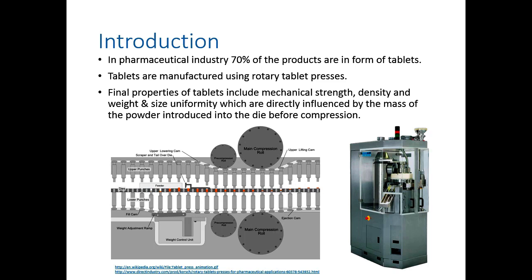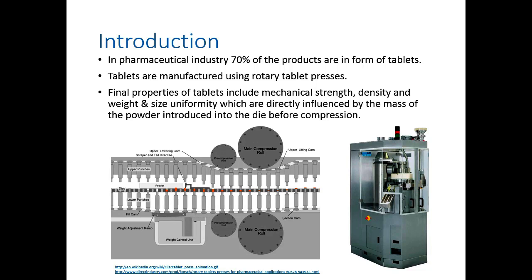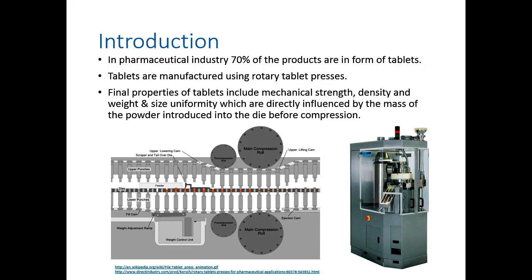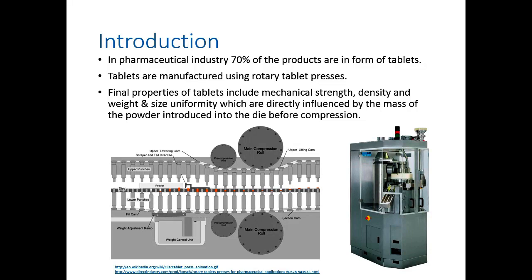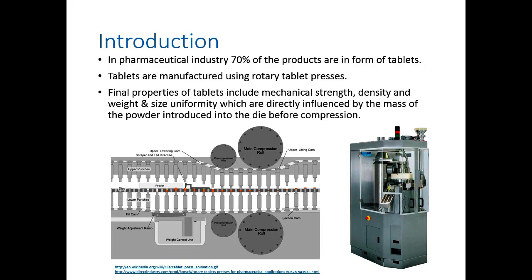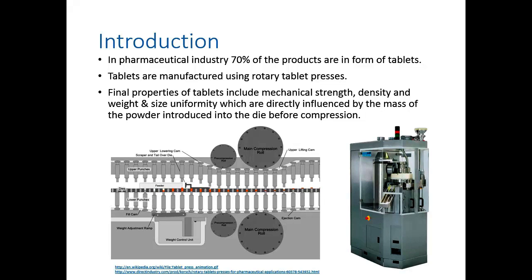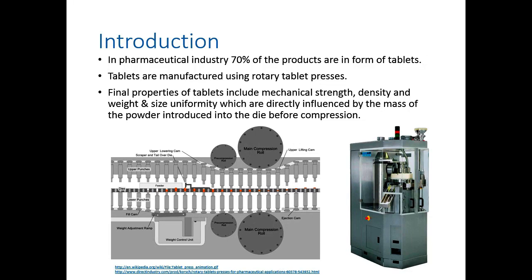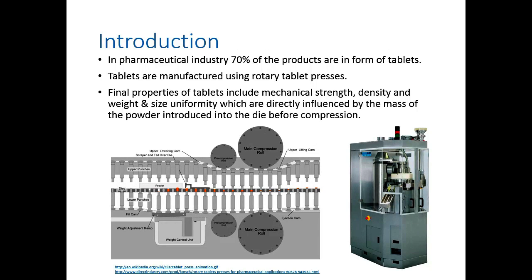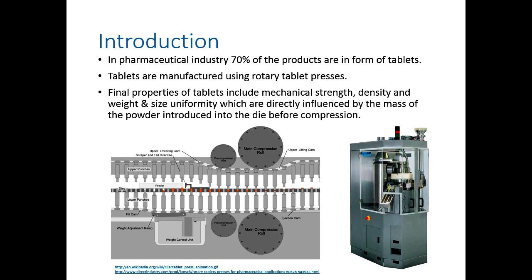And if you're unable to control these properties, these can have very serious effects when the patient takes the drug. For example, mechanical strength and density can influence the disintegration rate of the tablet within the body, while the weight and size uniformity affects the drug content of the tablet. So we would need to understand how different parameters influence the final properties of the products that we are designing.